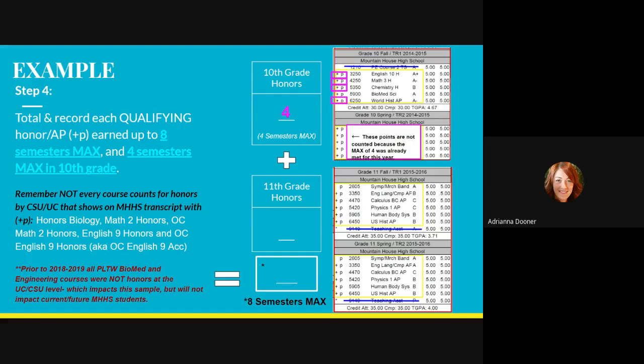And this is good information for my parents out there that have some younger students that are making some choices for their 10th grade year. Maybe they're choosing to take a similar schedule to this one, where they're in 5, maybe 6 honors or AP course combinations. And something to think about is they don't get to take all these weight points with them to their college or their CSU and UC GPA.